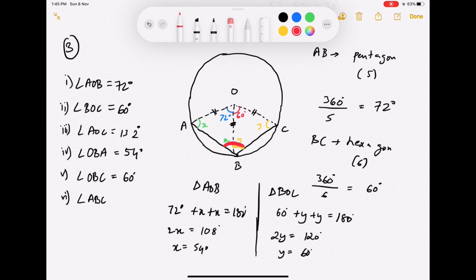ABO according to our calculations was 54 degrees, and angle OBC we found out as 60 degrees. So 54 plus 60 is 114 degrees. So angle ABC is 114 degrees.